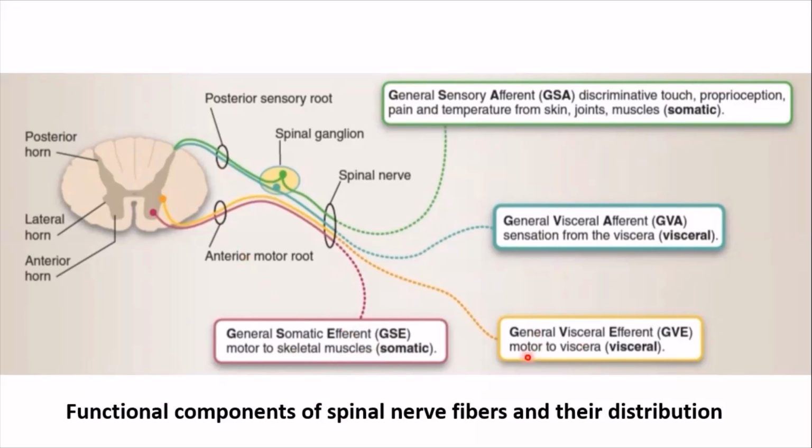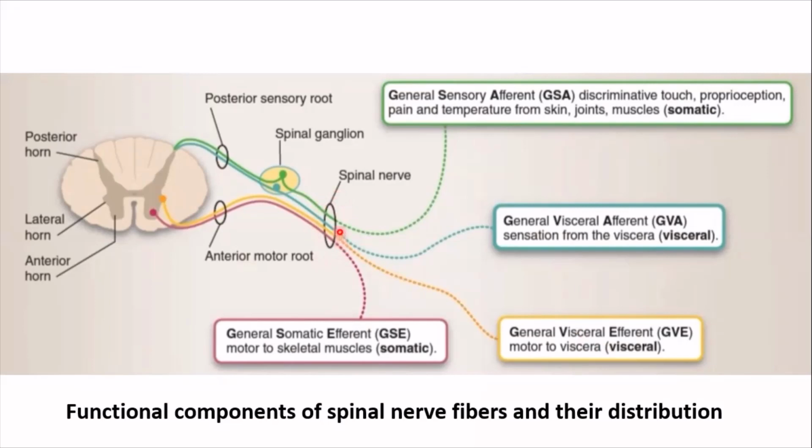And the second part is the general visceral efferent, motor to the viscera, right? So they originate again from here in the spinal cord to enter the anterior motor root, and here the spinal nerve is formed, and this is the general visceral efferent going motor to the viscera.